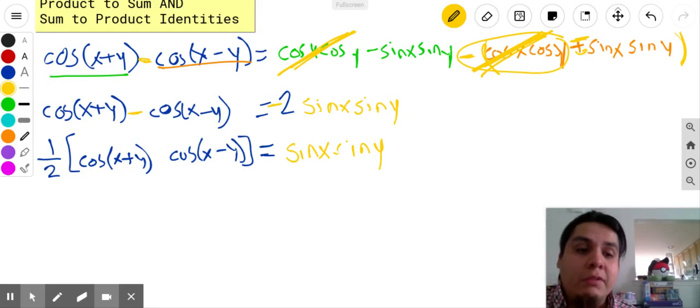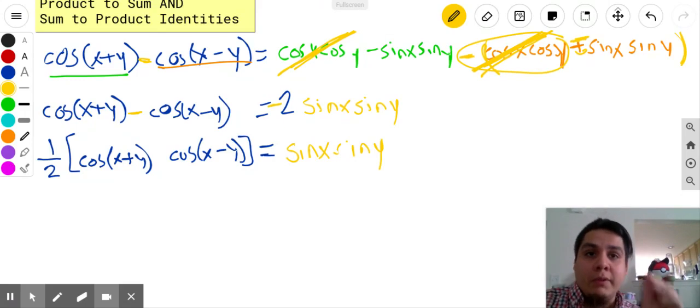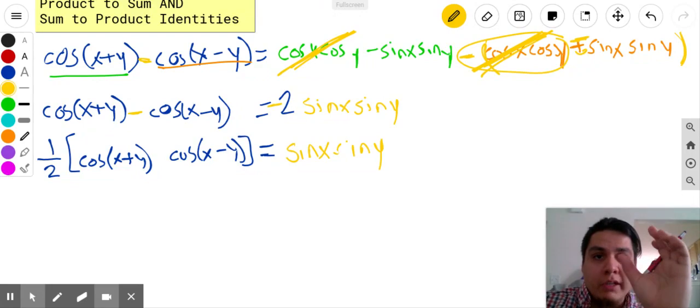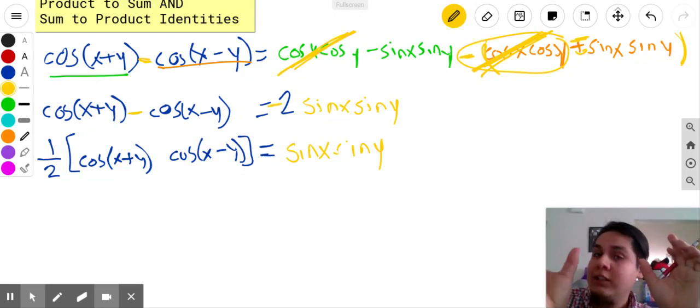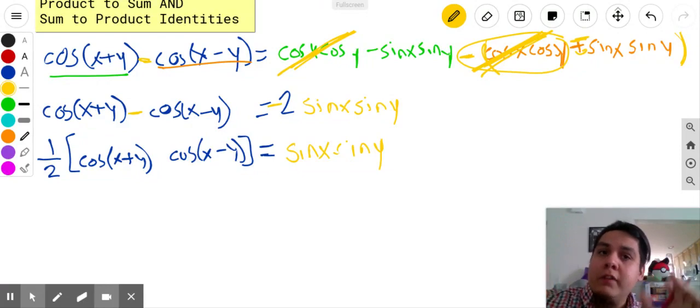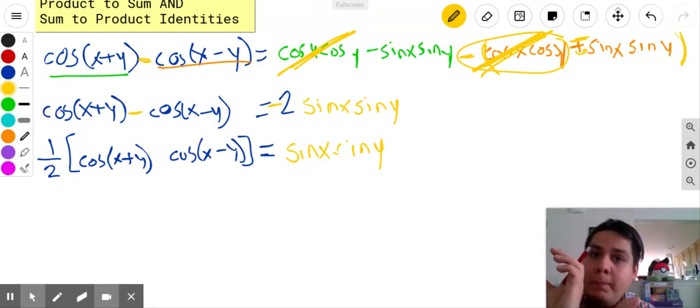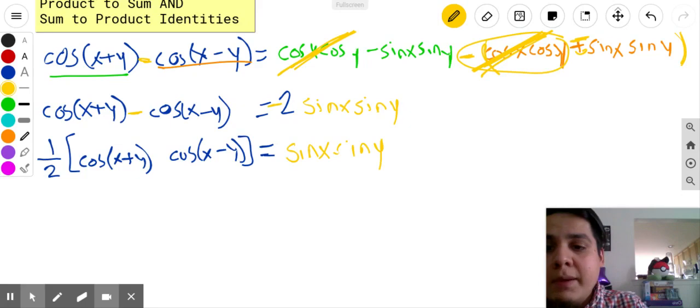And since I'm dividing by a negative number, if it was cosine of x plus y minus cosine of x minus y, dividing by a negative switches that order. So it's still going to be minus, but it's not x plus y first anymore.